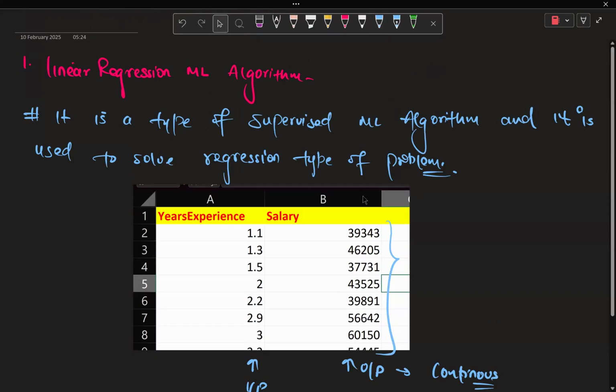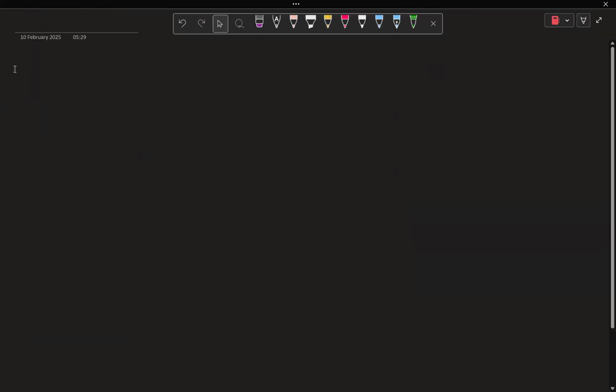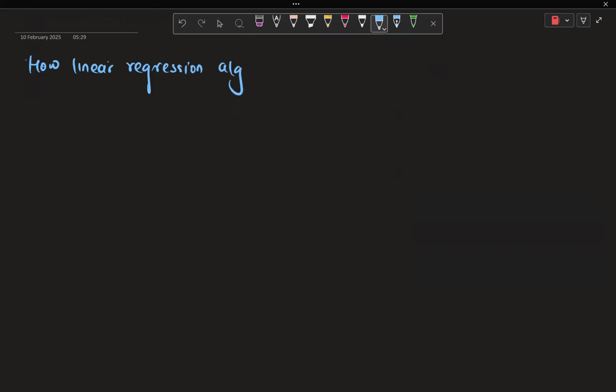Yes. Okay, let's understand how this machine learning algorithm actually works. How does the linear regression algorithm work?